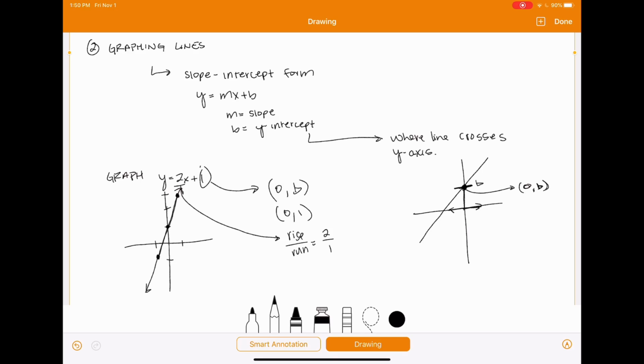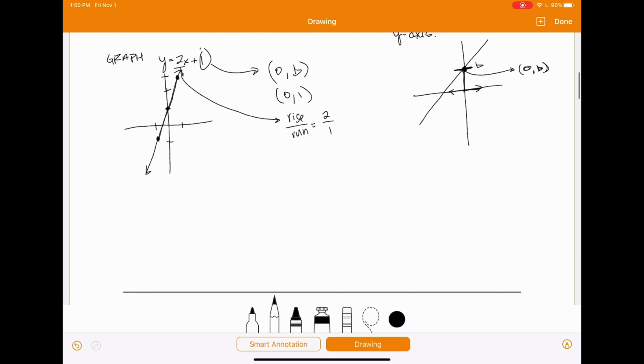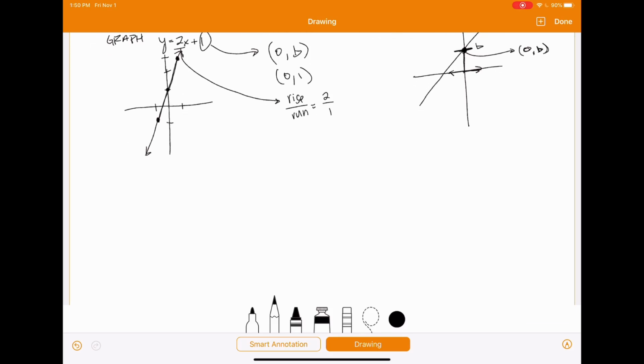All right, so let's go ahead now and talk about the slope of a perpendicular line. So if we had, let's just use the same one for example.